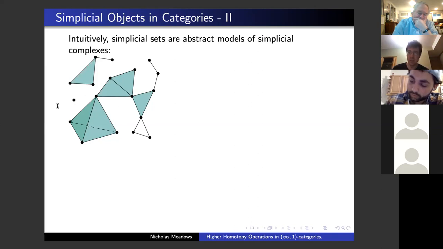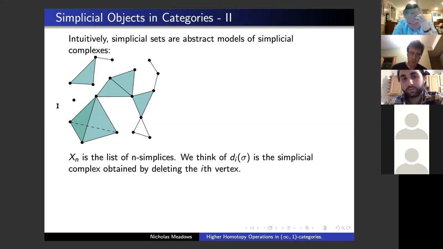The two simplices are triangles. The three simplices are tetrahedrons. And the n-simplices are higher dimensional analogs of these. So we think of the simplicial set as abstractly keeping track of the combinatorics of how these simplicial complexes are built up from their simplices.